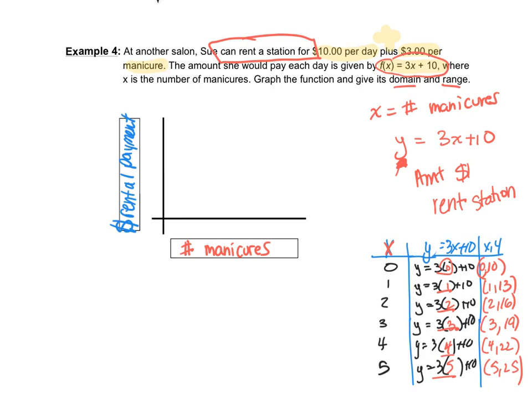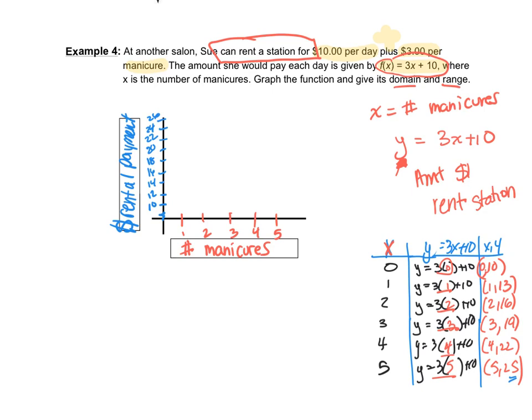I went up to 5 manicures, so I'm going to go 1, 2, 3, 4, 5. And payments, the highest number is 25. So I'm going to count by 2s. Let's start with 10, because 10, 12, 14, 16, 18, 20, 22, 24, and 26.